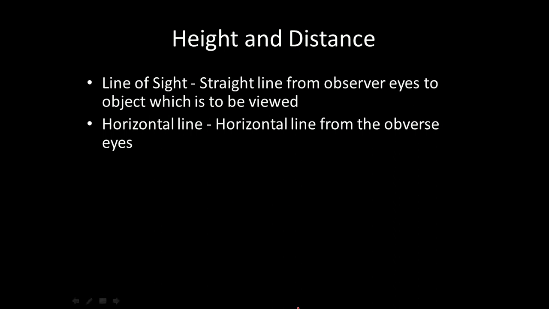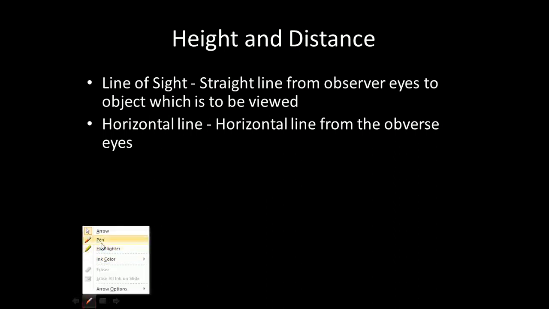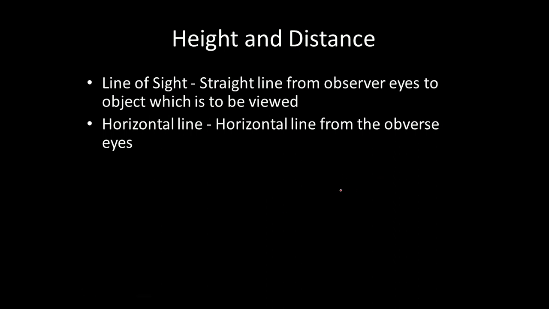What does this mean? Let's say this is you, a man, and this is an aircraft flying in the sky. I am the observer and this is the object which I view. From my eye I draw a straight line horizontally, and that is called the horizontal line.